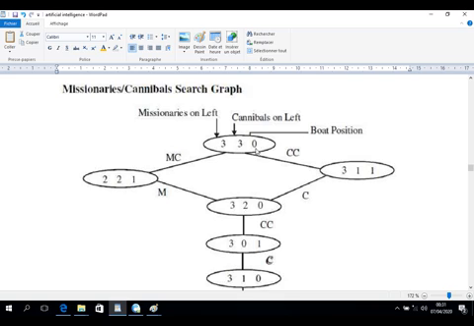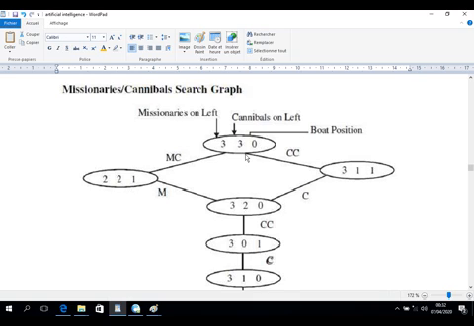So at the beginning, we have 3 missionaries and 3 cannibals, and then we have the boat. The boat has 2 positions, so it can be on the first side represented by 0, or on the other side represented by 1.